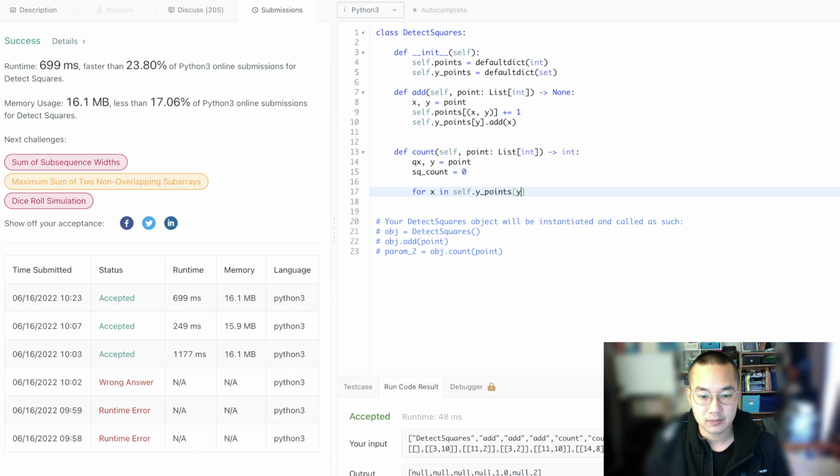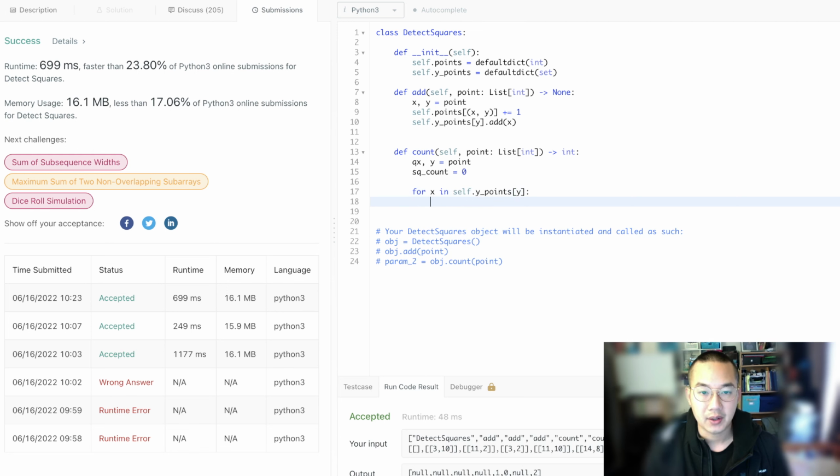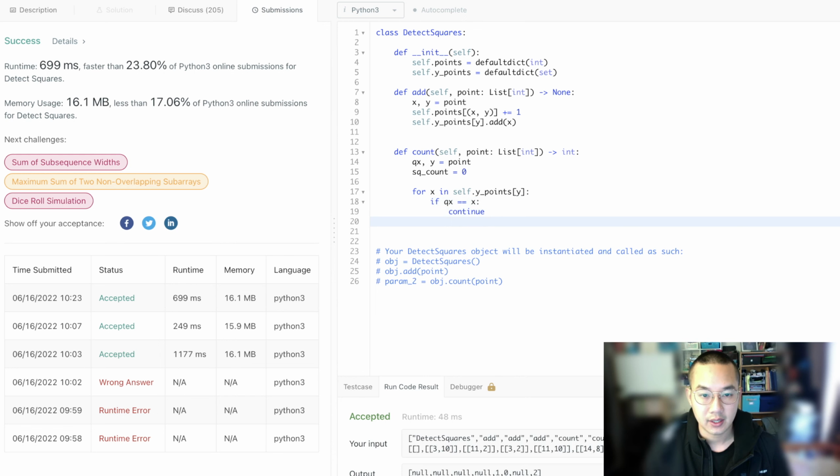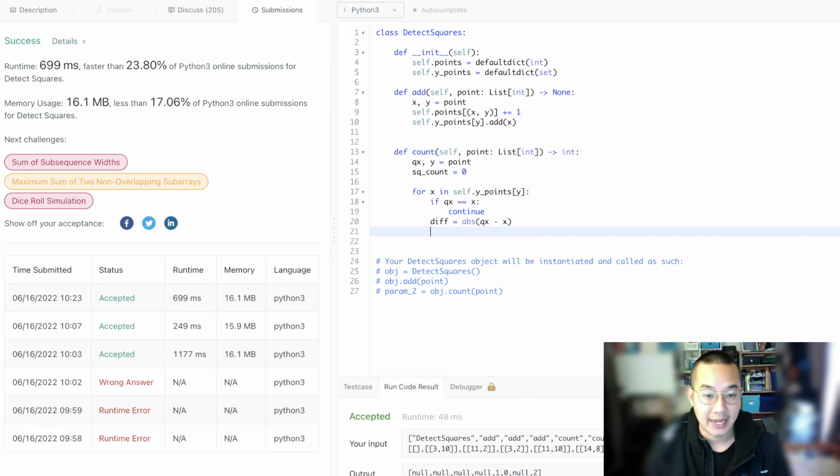So now we can look if the qx, the query, is equal to the x found, then continue. Else they are different, so we can add them. Now we can add the sums together.